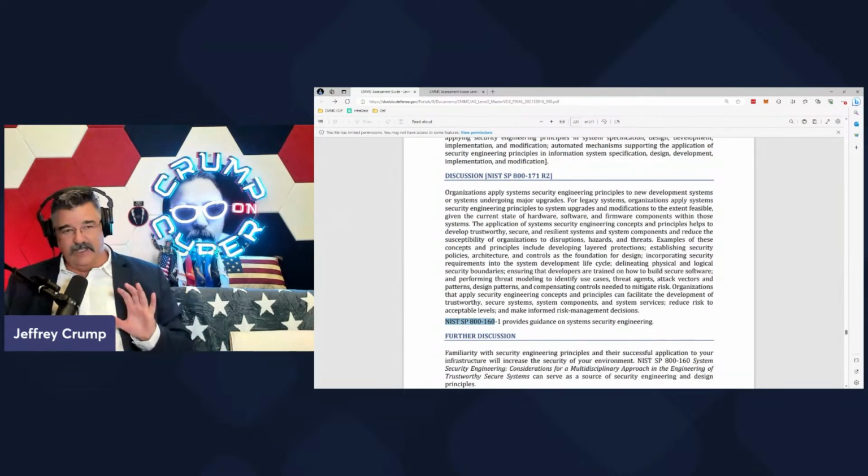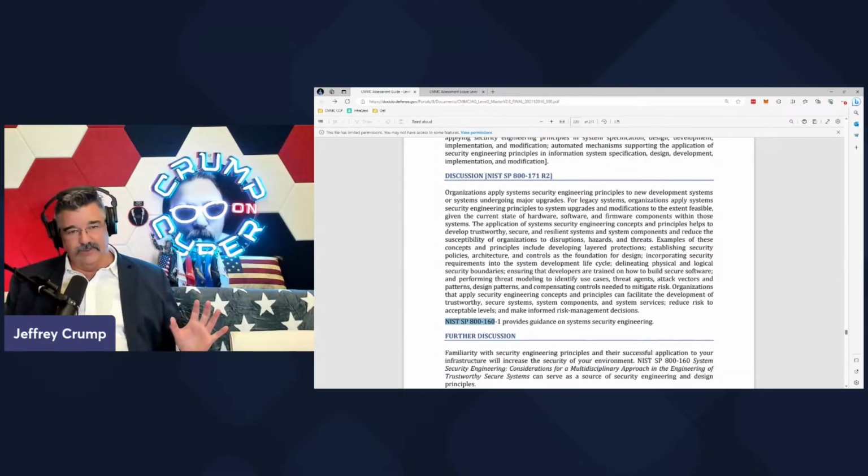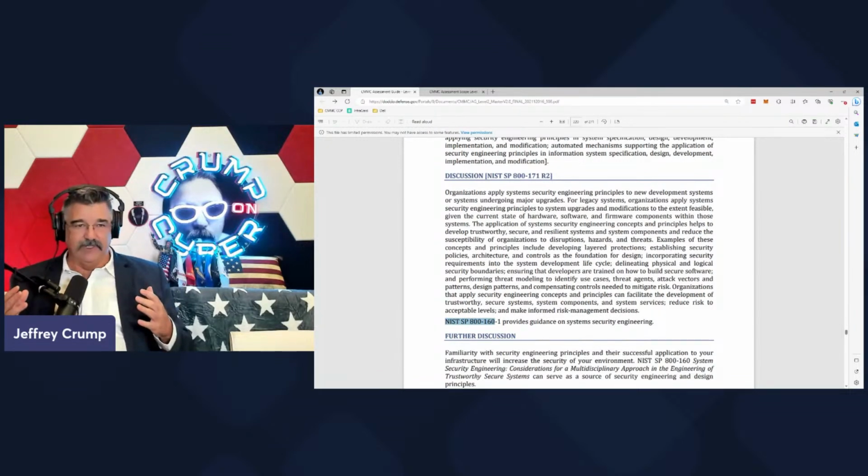Now, keep in mind that we aren't able to go off to these other controls and automatically turn them into requirements. That's not what we're doing here. What we're doing is trying to get an idea of the mind of NIST when they were developing these controls.